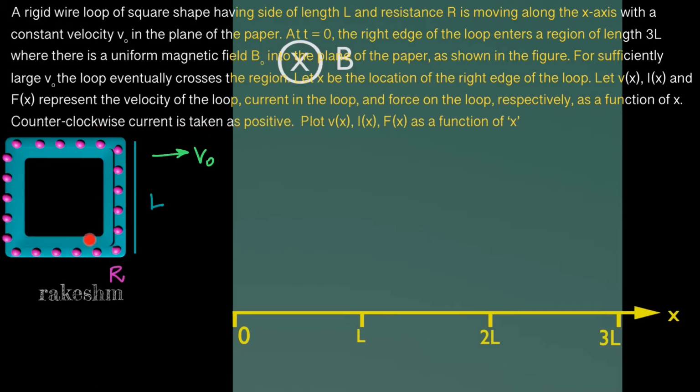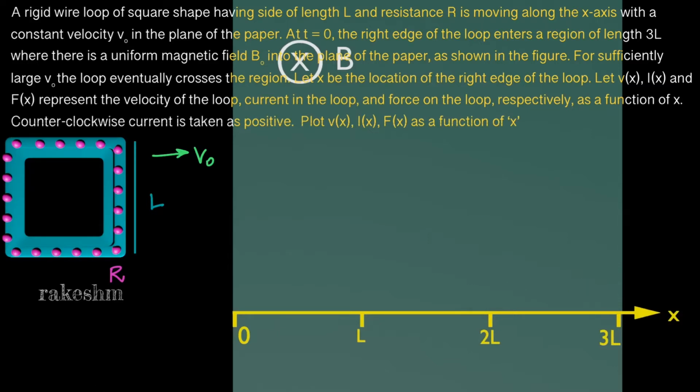So if current is moving in this direction, we take it as positive. If the current moves in this direction, then we take it as negative. We need to plot v of x, I of x and F of x as a function of x. So we need to plot the velocity, the current in the loop and the force on the loop as a function of x.